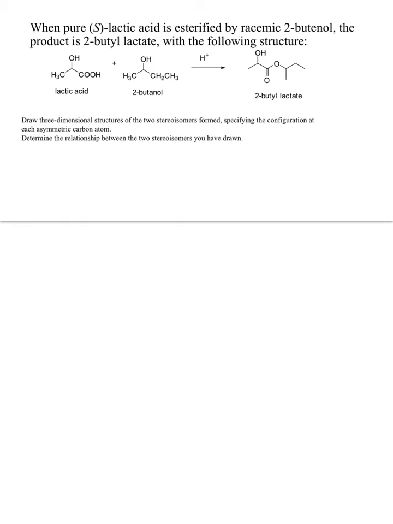All right, the next reaction is an esterification reaction, and you need to draw three-dimensional structures of the two stereoisomers formed. So CO2H plus CH3OH.